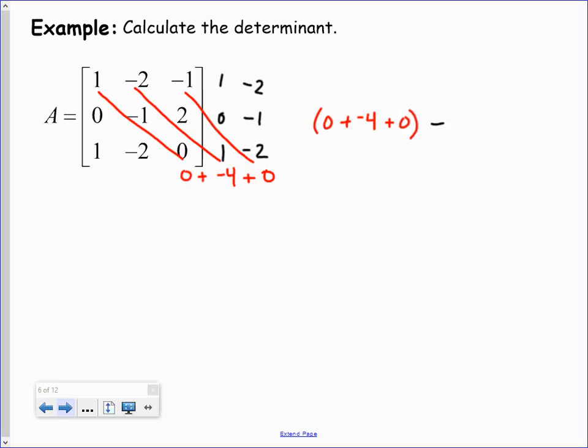Subtract from that my diagonals going up. 1 times -1 times -1. It's now a positive 1. -2 times 2 times 1 is a -4. And 0 times 0 times -2 is 0.